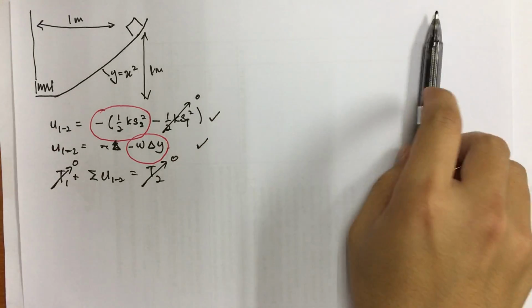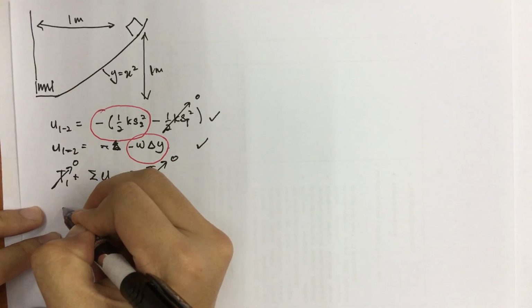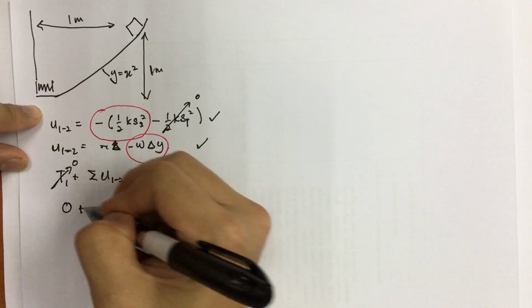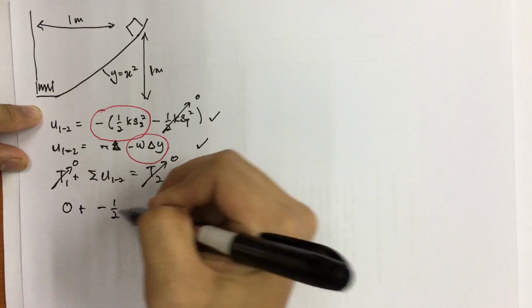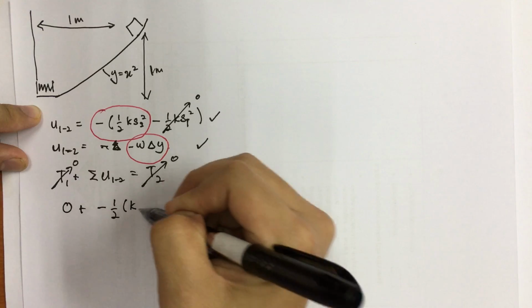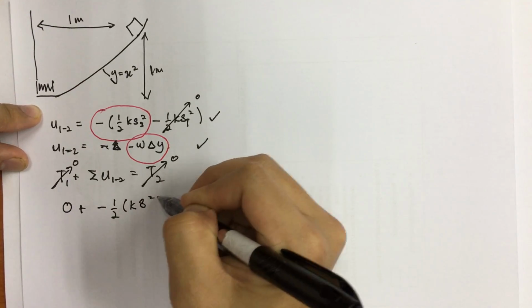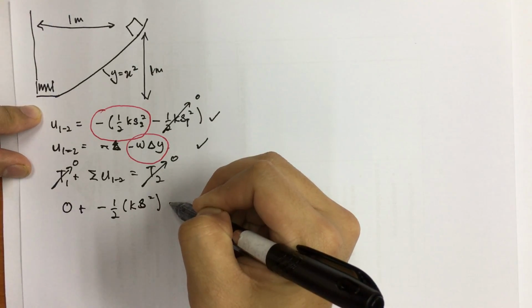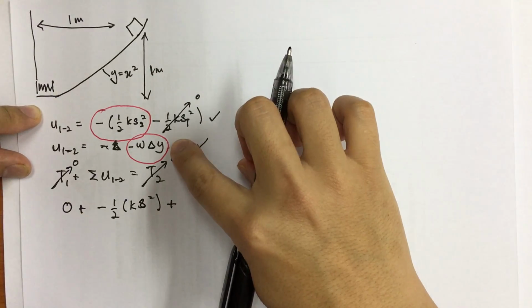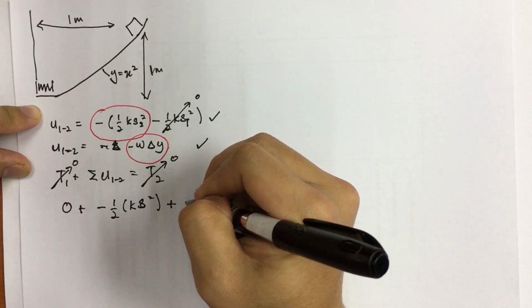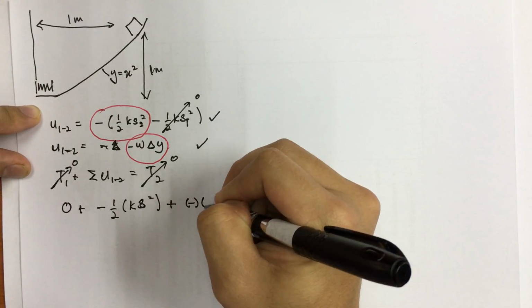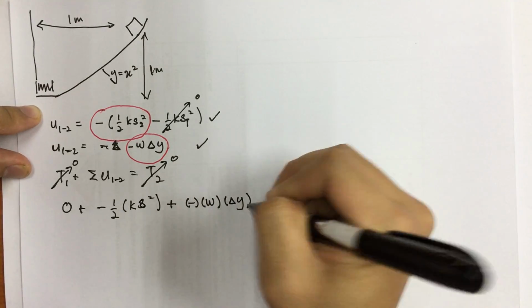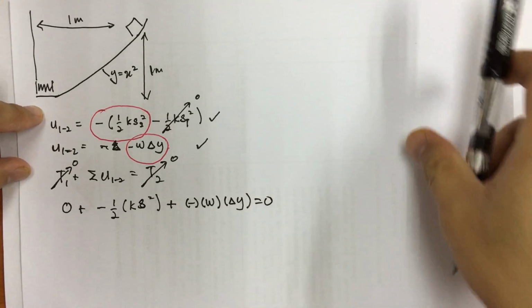Let's write here: T is equal to 0 plus the spring energy, minus 1 over 2 k s squared, plus the potential energy, minus w delta y, equals 0.